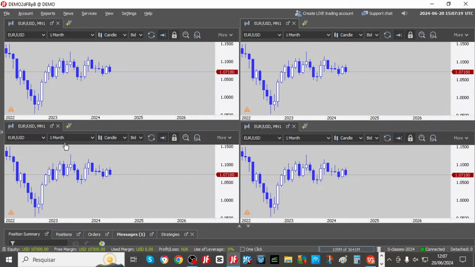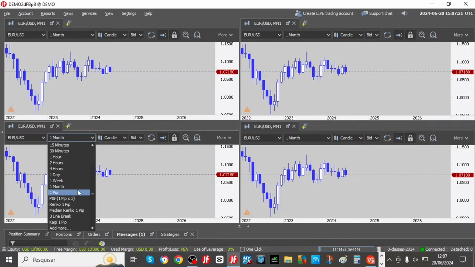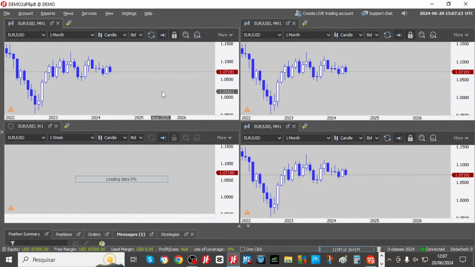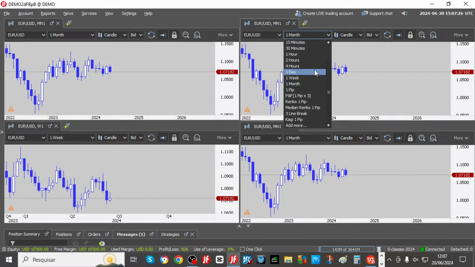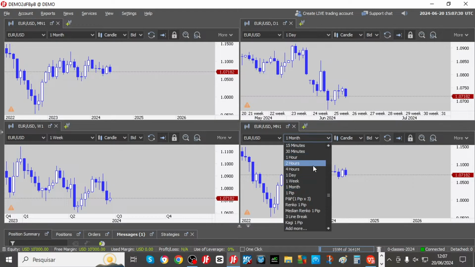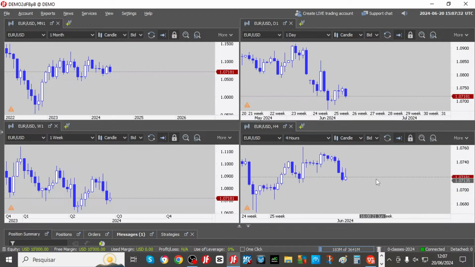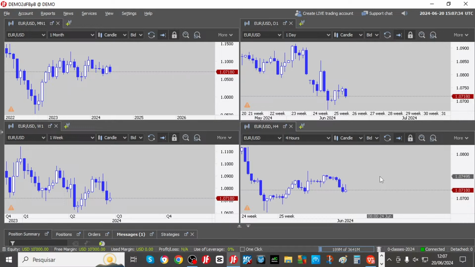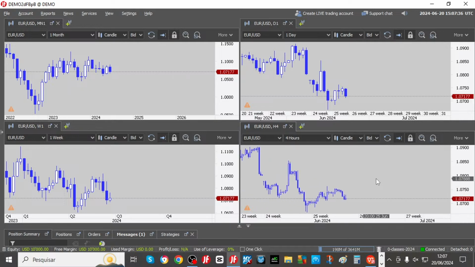You should have the monthly chart, the weekly chart, the daily chart, and then you should have at your disposal whatever you prefer, with the 1 hour chart, 2 hour chart, 4 hour chart.